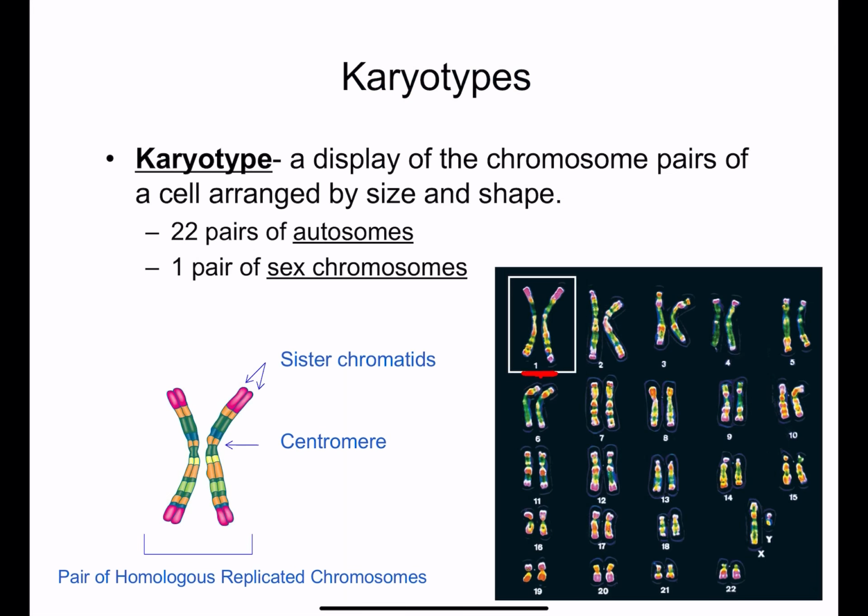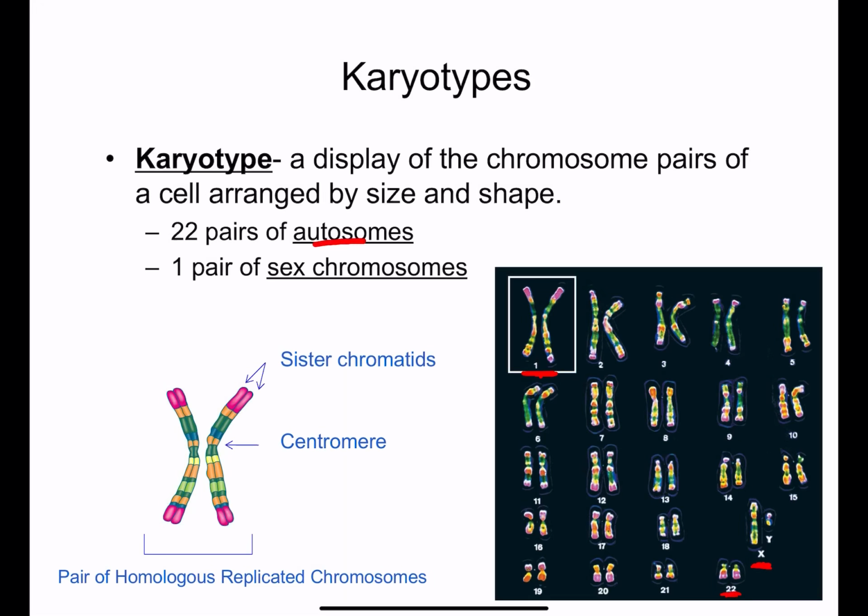So we start with number 1 as the biggest chromosome, and the last one is the smallest set of chromosomes down here in number 22. Now, in humans, we have 23 pairs or 46 chromosomes. So you see here we've got the 22 pairs here, plus this one makes the 23rd pair.